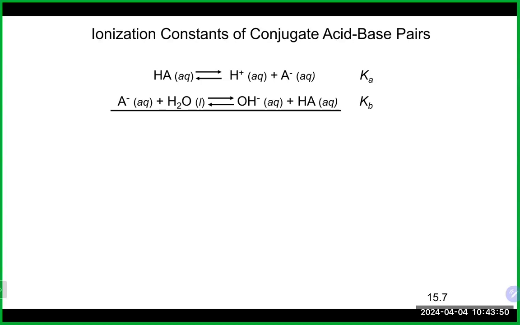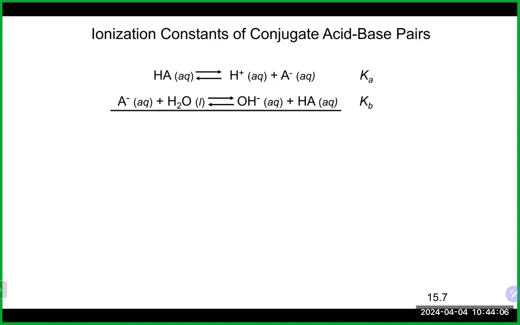And in this particular case, a couple of things are really important. There will definitely be times where you may be given a Ka value or a Kb value, and you actually need the opposite one. You need either the Ka or Kb, the different one that you're given.